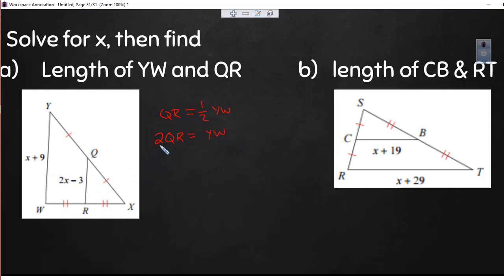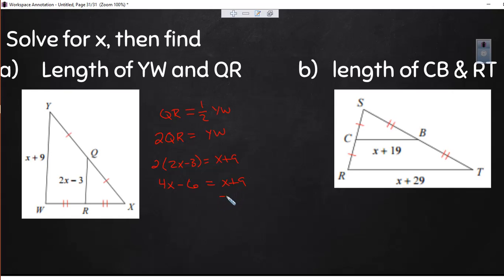So now we can plug in what we have. QR is 2x minus 3, so it's 2 times 2x minus 3 equals YW, which is x plus 9. Distribute the 2, so that gives us 4x minus 6, and that's equal to x plus 9.